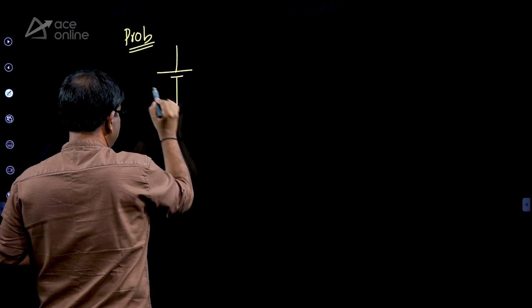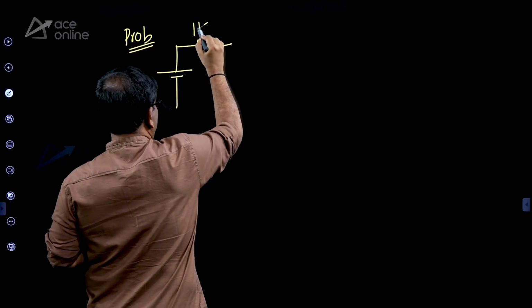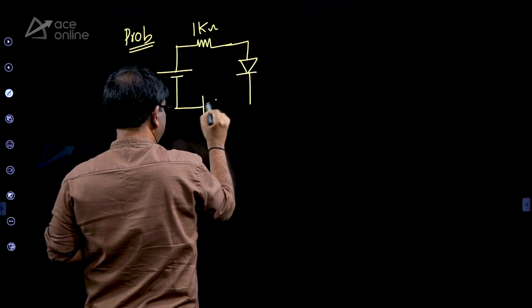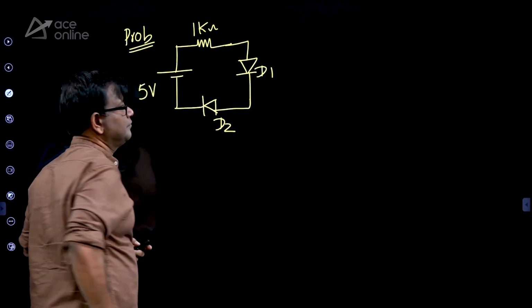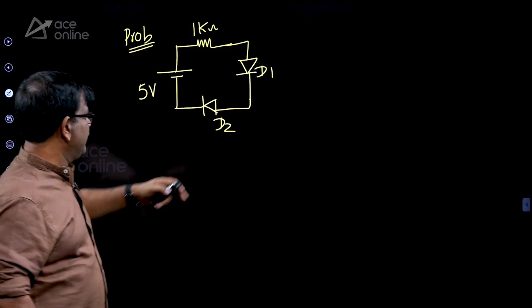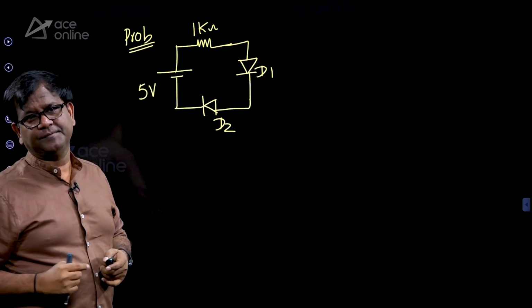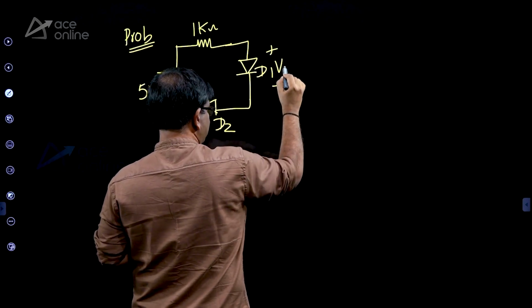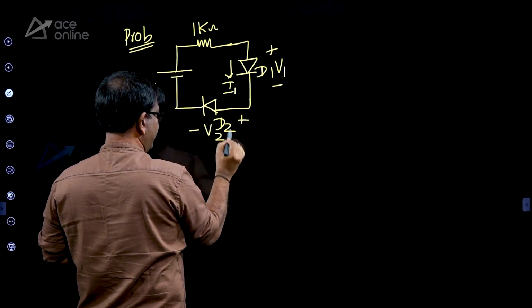Suppose I have 5 volts. There is a 1 kilo ohm resistor and 2 diodes are there, D1 and D2. Okay. Now the respect that we give to a diode is the same respect we give to a bulb, because we are only interested in the voltage divided by the current.